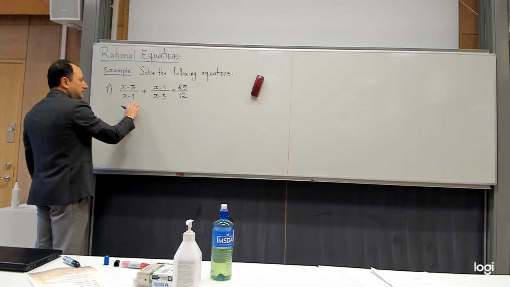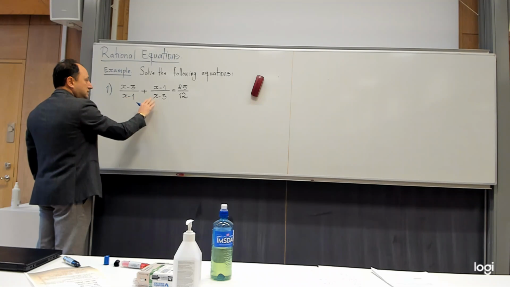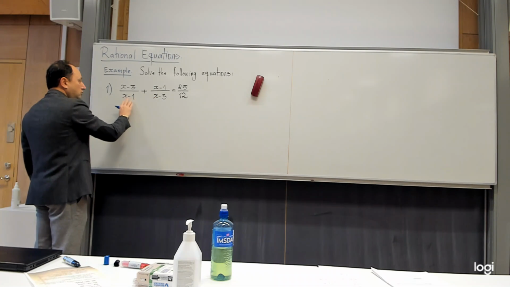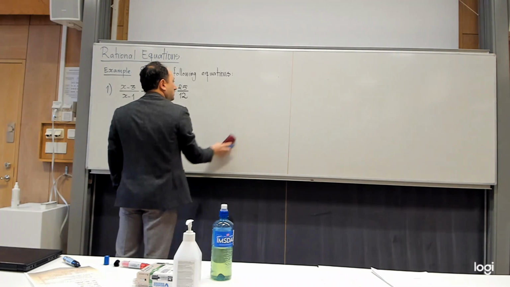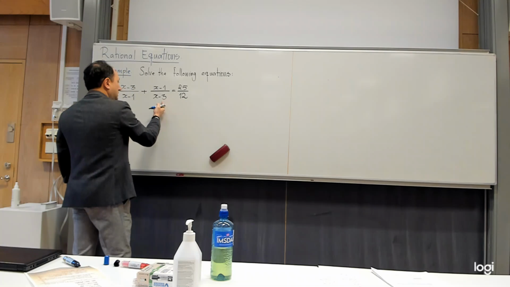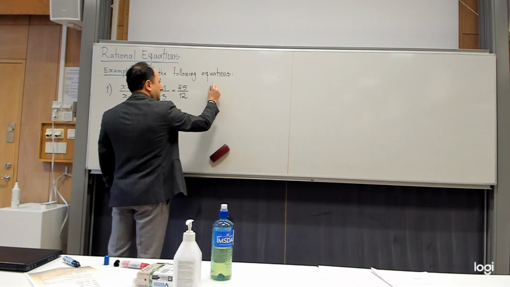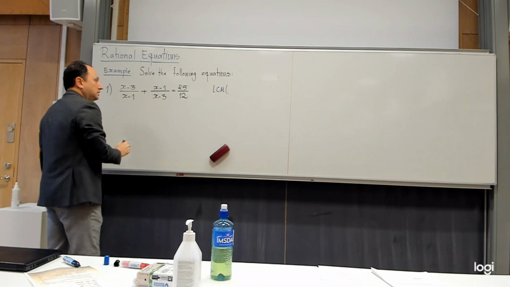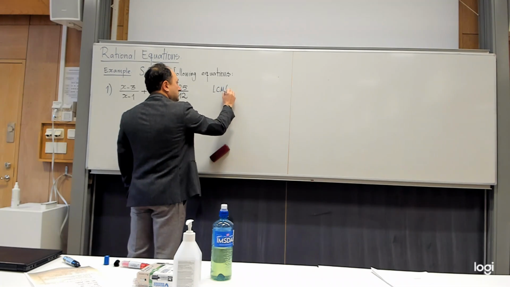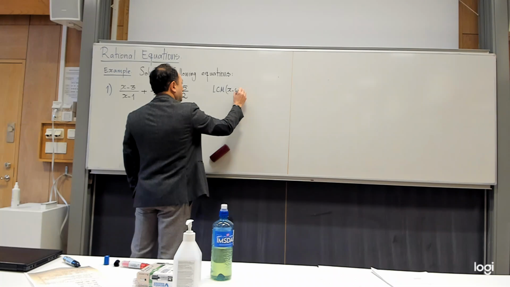You find the least common denominator, not only for this one and that one, but for all of them. There are 3 denominators involved, and I want you to find the least common multiple of all these 3. Isn't it the lowest common denominator?